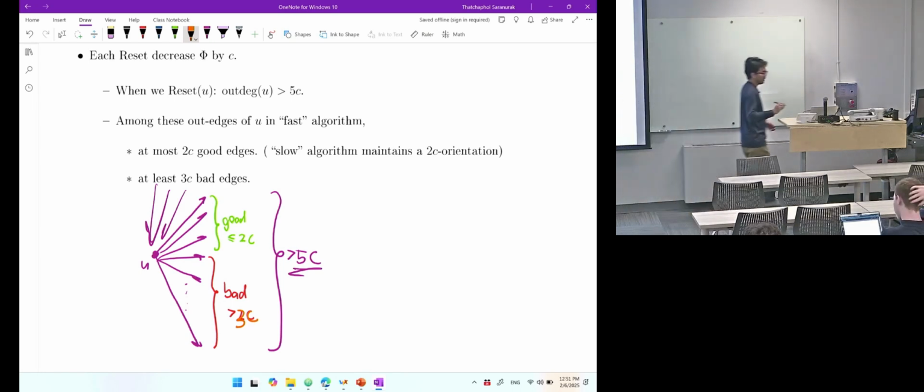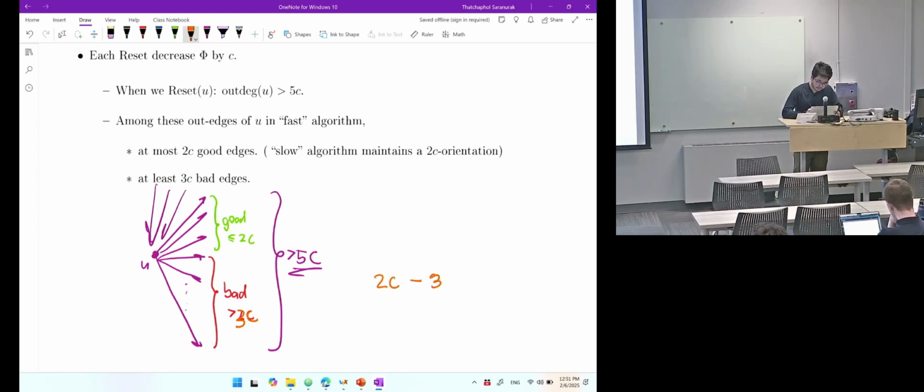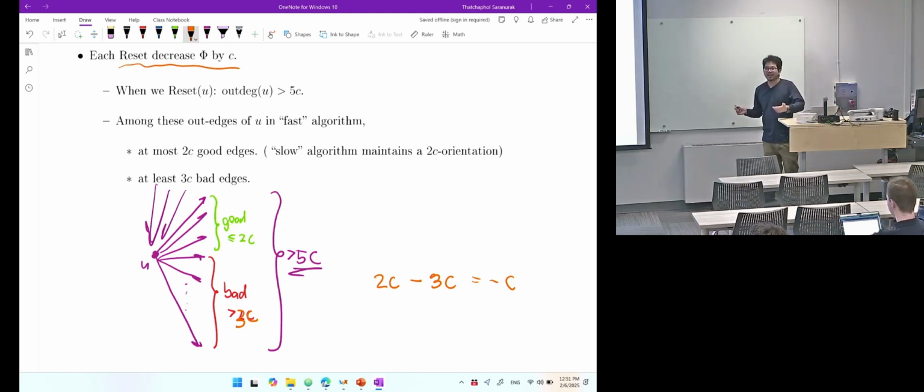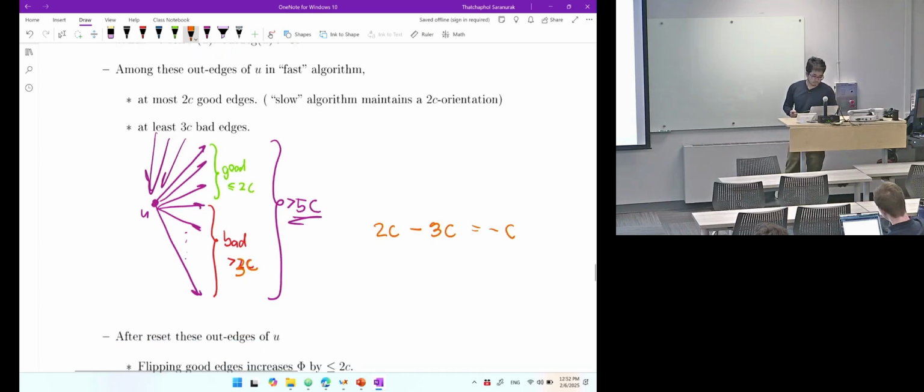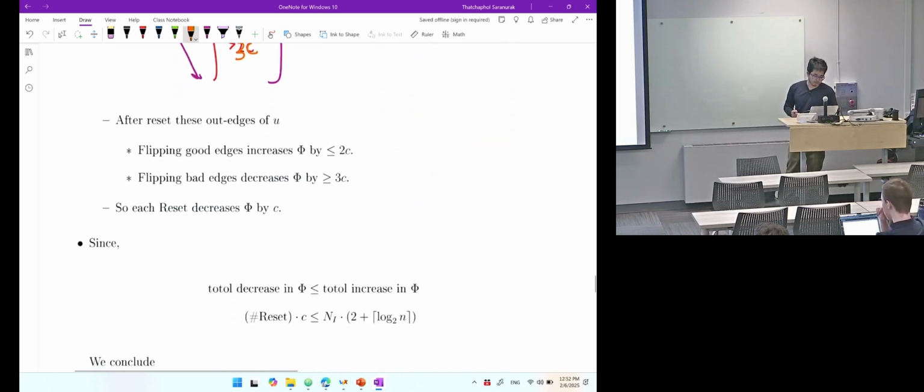It's an increase by 2C but minus 3C, so this is a decrease by at least C. So you agree with this, that each reset will decrease the number of bad edges by at least C. So it means what?